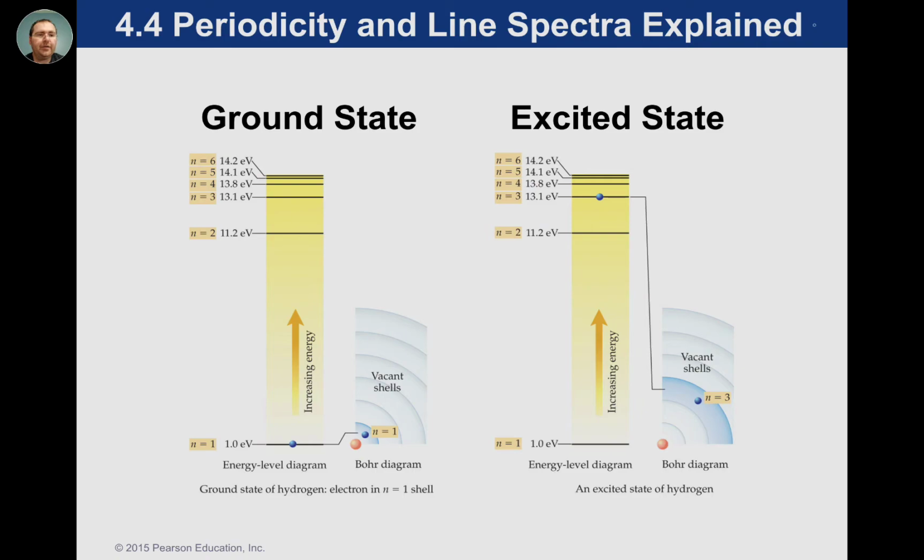So the reality here is the distance between 1 and 2 is pretty huge, but the distance between 2 and 3 is small, and then it just keeps getting smaller from there. So as we jump between levels, a lot of those levels up here are really close, so their energies aren't a lot different. So their wavelengths of color that they would produce would be very small. But if you were to fall back to, say, 1, that would be a large amount of energy produced because that's a large distance.